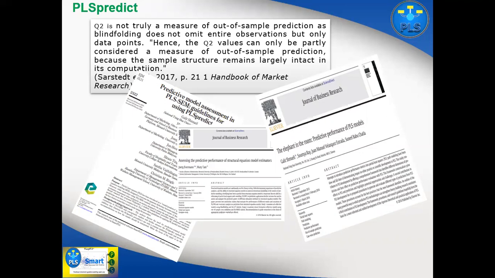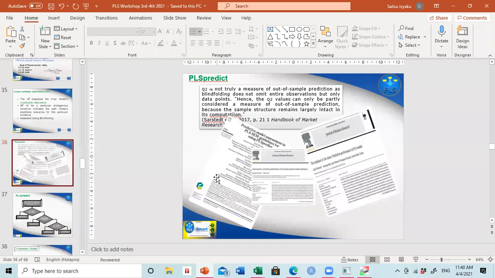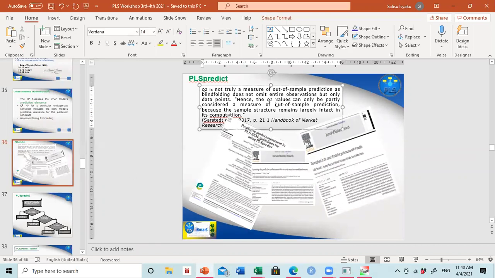Because it's a new thing, sometimes when new things come out, people tend to disagree with it until it becomes a norm. So you're suggesting for a thesis report we can stop at predictive relevance? Yes, but for a paper we can include PLS predict if we.